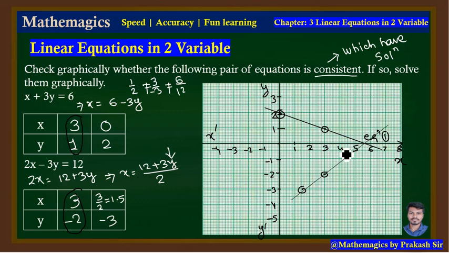So dear friends, we got the point of intersection at this point. So we can say that this point is called the solution of the pair of linear equations in two variables.